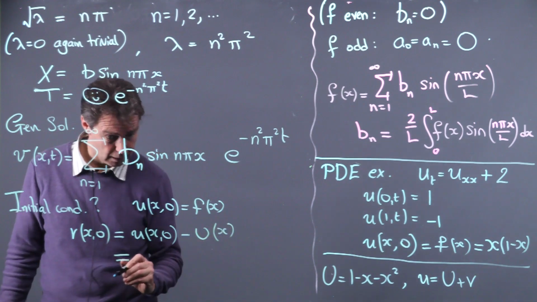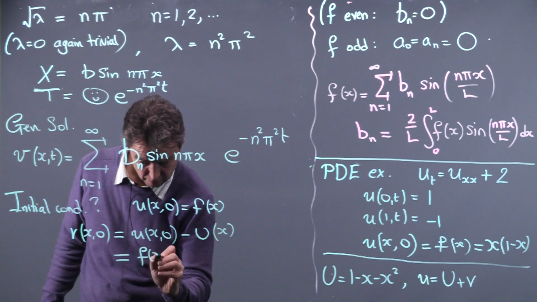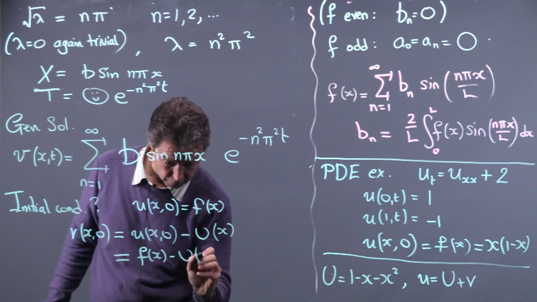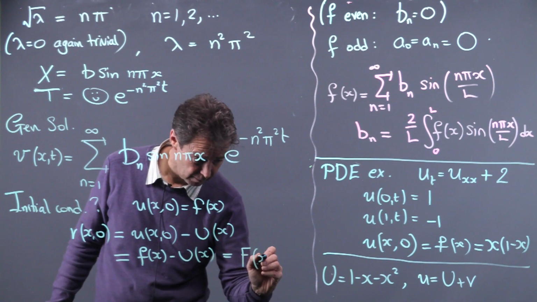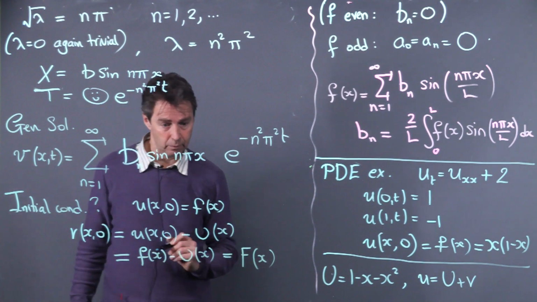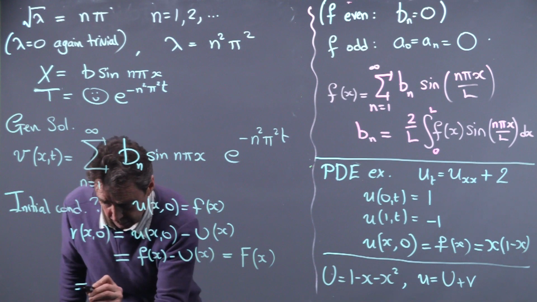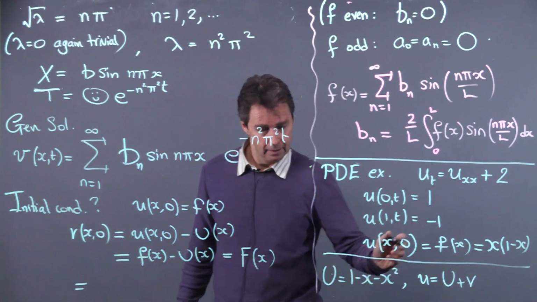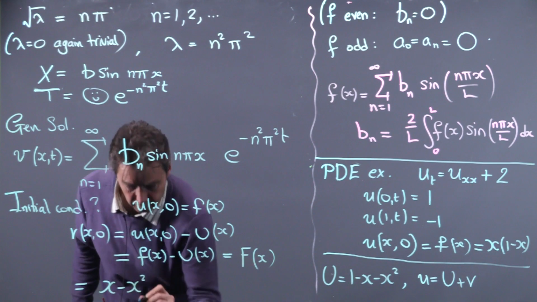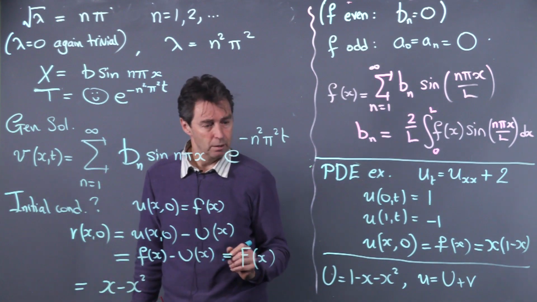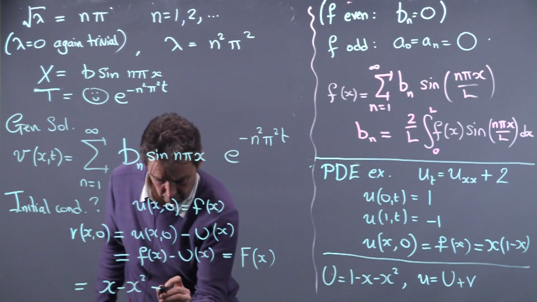So that is f of x minus big U of x. So I could just call that big F and do things formally from now on. But for the specific example that we've got there, I know that f, little f, is x minus x squared, and that's big U.